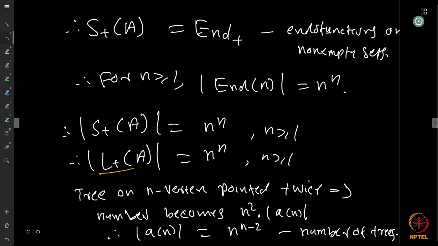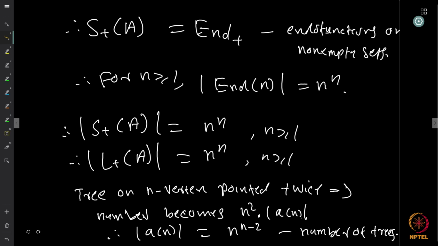But how did we get this L plus of A? It is the species of vertebrates. But a vertebrate is basically a doubly pointed tree, a tree on n vertices pointed twice. If it is pointed twice, the number multiplies by n times n, n square, times the number of trees on an n element set, A of n.